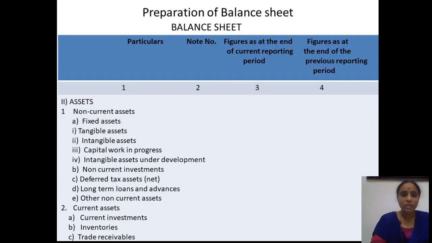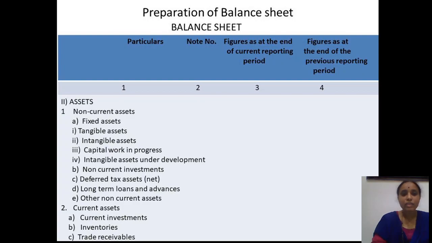Next is the assets. Under the head assets, you categorize firstly as non-current assets and current assets. Non-current assets are fixed assets, non-current investments, deferred tax assets, long-term loans and advances, and other non-current assets. Under the fixed assets, we categorize as tangible assets and intangible assets. Tangible assets are those which can be seen, felt or touched, that is furniture, fixtures, machinery, etc. So we are going to take that under tangible assets.